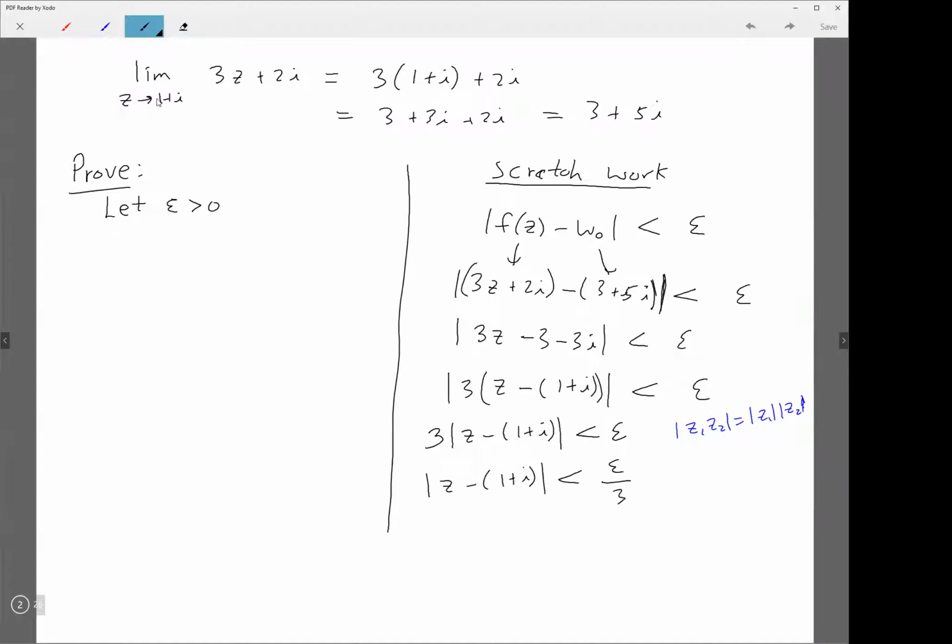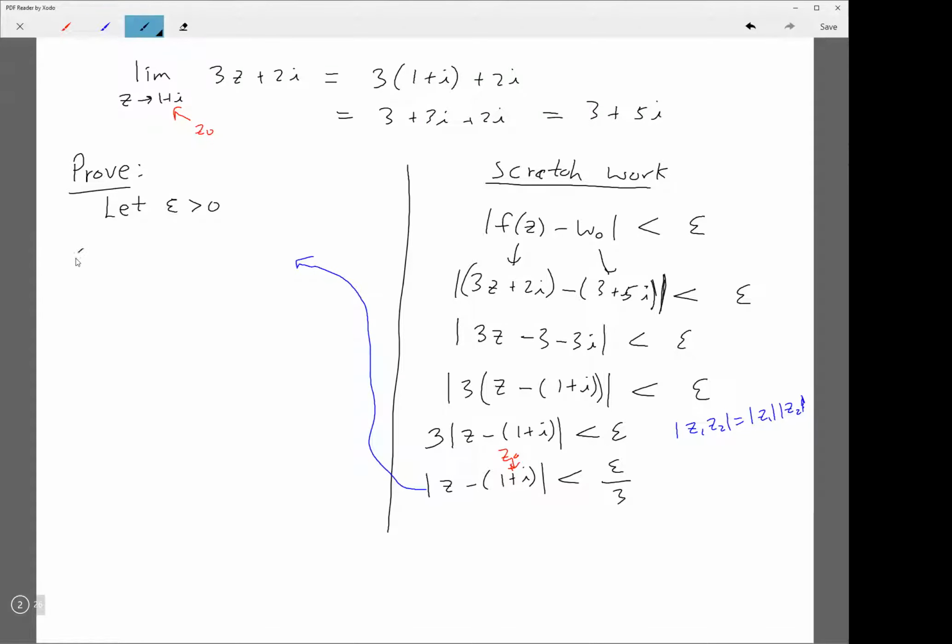Z naught's right here because that's what you're going to. So that is z naught, and you can see that's z naught also, right there. So that's really good. Because of that, we know how to proceed.